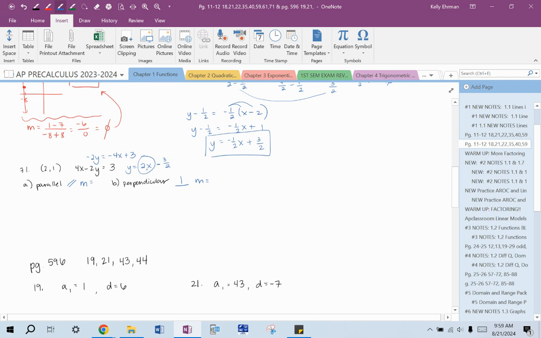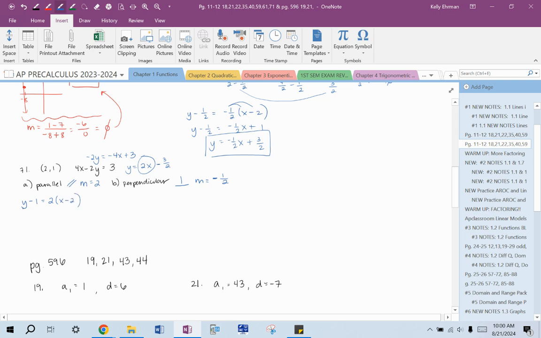So if I want to make a line that goes through this point with the same slope, I'm going to use the slope of 2. If I want a line that's perpendicular and goes through this point, then I use the opposite reciprocal slope of the given line. And then the rest is just point slope form to start. So for parallel, y minus y1 is equal to the slope times x minus x1.